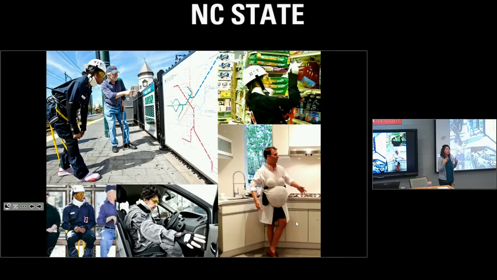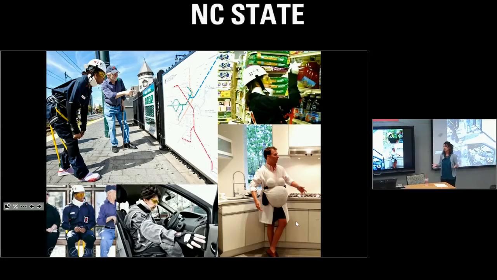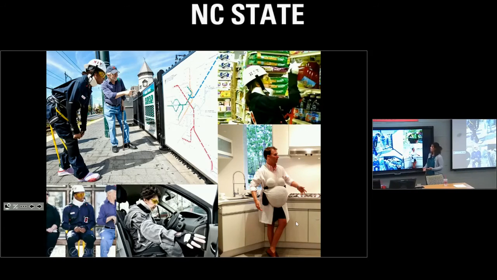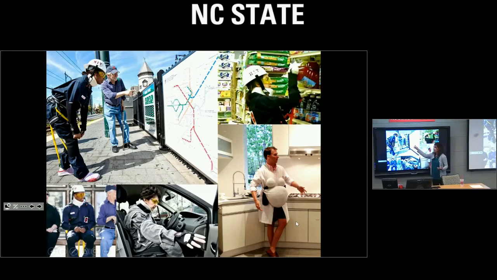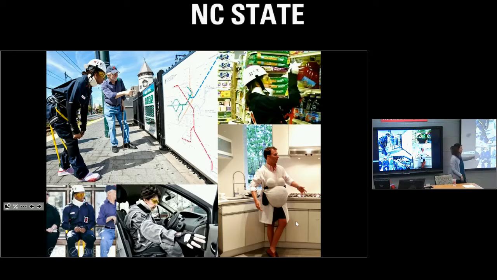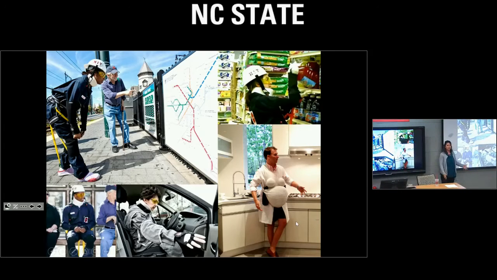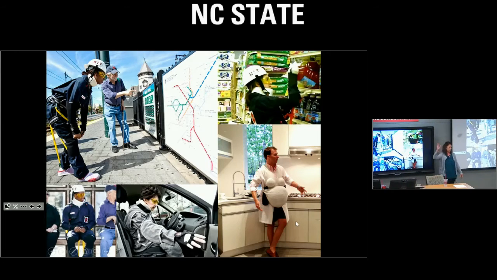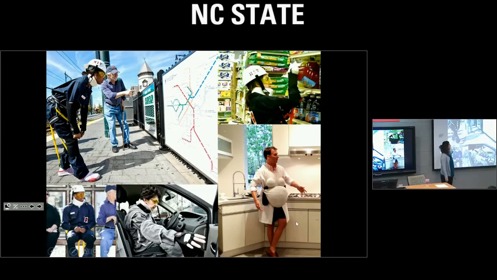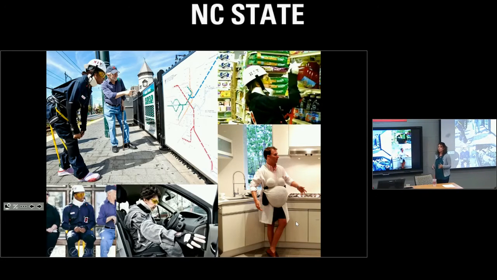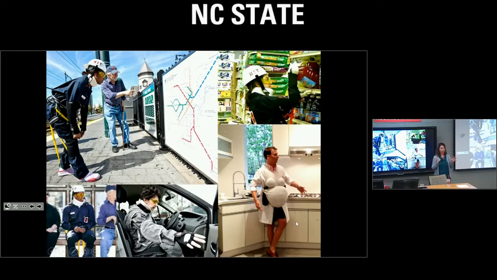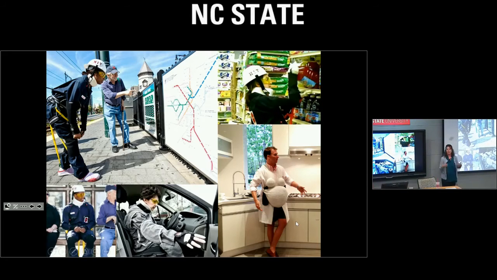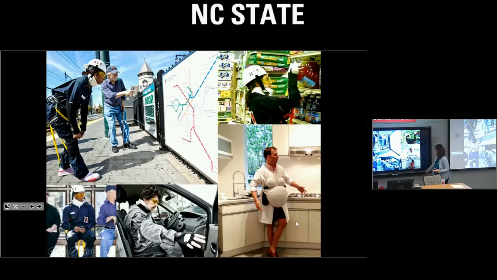Having this suit on allows them to experience it in a very different way and start to see where the problems are. Maybe the placement of the T-stop map is harder for an older person because it's harder to bend down and they can't stand up straight. Or where you're putting juice in the aisle of a grocery store. This is very broad in terms of what they're looking at, but it lets you constrain your physical experience to see what it's like for a particular user group to go through the day.